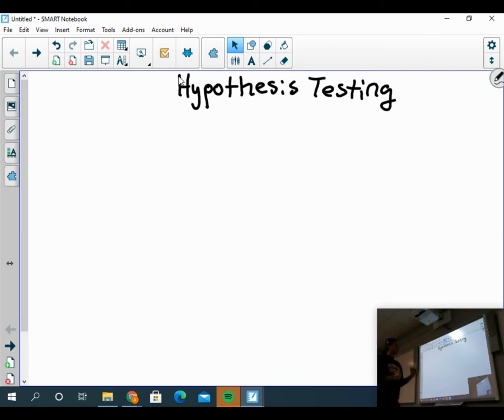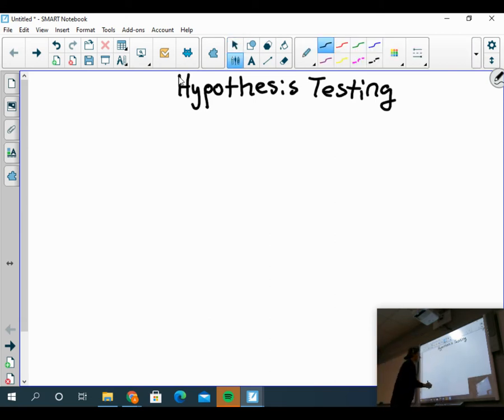Hypothesis testing is a little bit different, though. I think the best way to describe it is through an example. I'm going to use the example of flipping a coin. Let's say we're playing a game where you're guessing how many heads I get out of 100 flips. What you have here in the red circle is the population of all the times this coin is flipped.